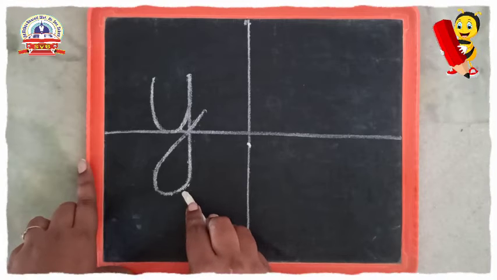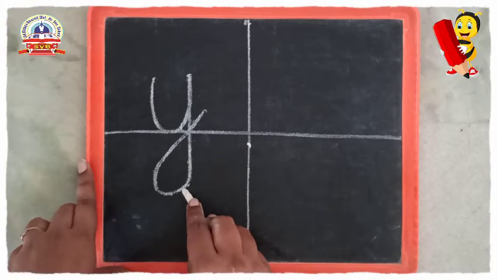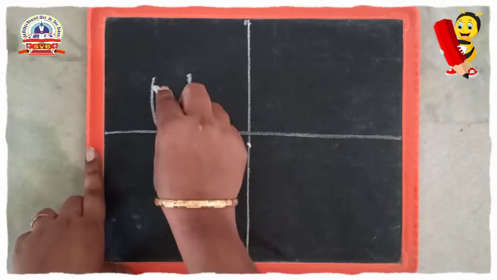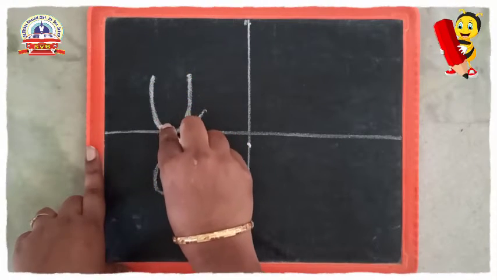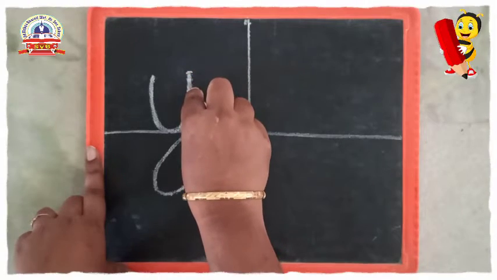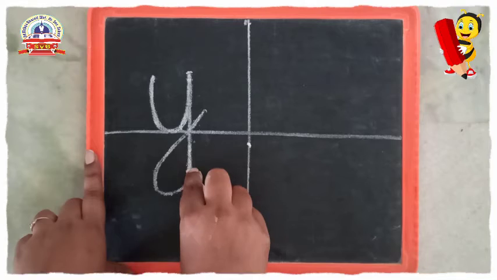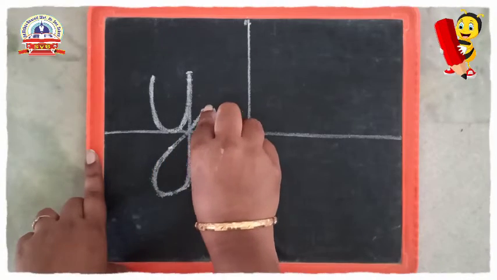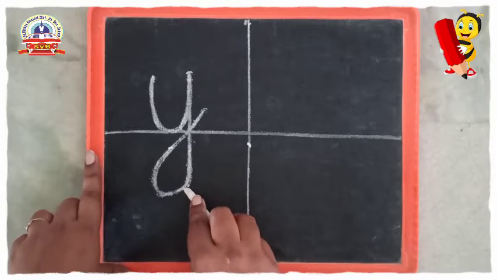E. Good children, write with me again. Upper curve should touch the hanging line, then standing line comes down and curve goes up. This is E.